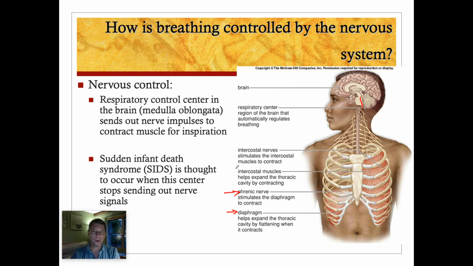Never sleep a baby on their back, never on their front, never on their side, and the recommendations have changed over the years. Now they're saying on the back is the best way to put a baby down in its crib. In any event, SIDS is believed to be caused by an issue with the medulla oblongata sending the signals to the phrenic nerve and the intercostal nerves.